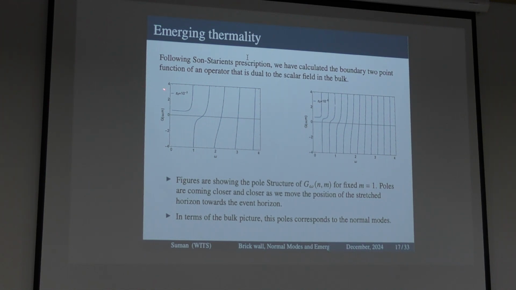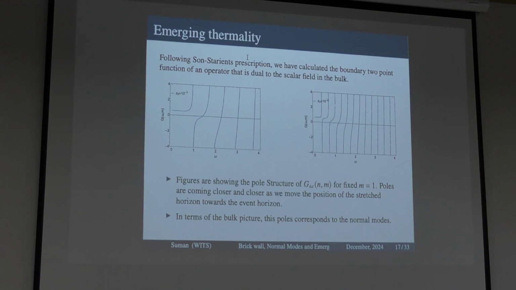So if you compute the Green's function and plot it, there are many poles of the Green's function. And if you decrease Z now, which is the position of the big one, you'll see that these poles come closer and closer. In terms of the bulk picture, these poles correspond to the normal modes that we were computing.